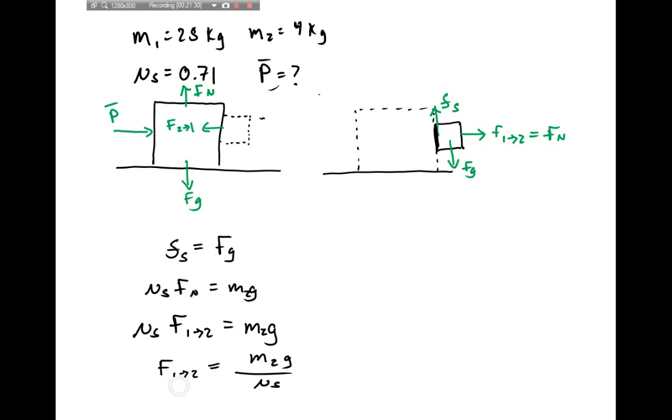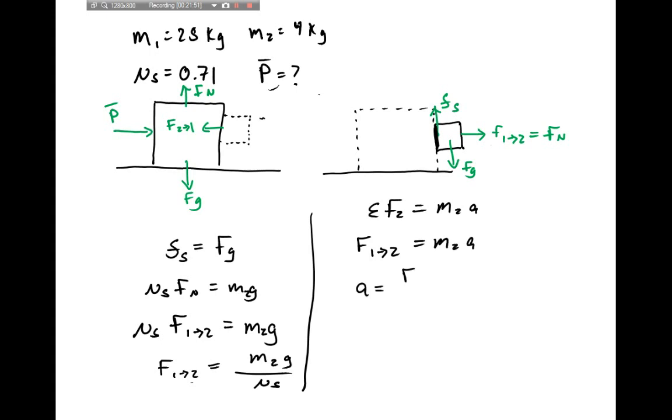Now if I apply Newton's second law, the net force acting on box 2 is equal to m2 times a. Well, the net force acting on box 2 is just this force that box 1 exerts on box 2. So solving for my acceleration, it's equal to F1 on 2 divided by m2.